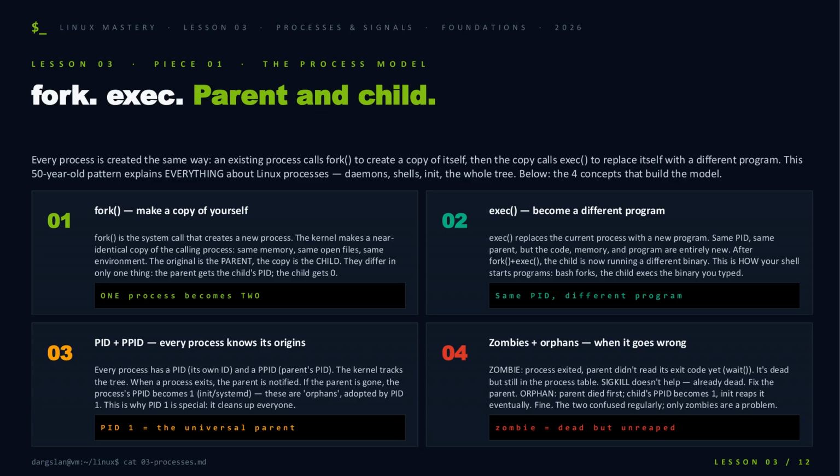Same PID, brand new program. Each process carries its own PID and its parent's PPID, so the kernel always knows the family tree. And when something goes wrong, you get zombies, dead but unreaped, or orphans, adopted by PID 1. Remember that distinction. Only zombies are actually a problem, and SIGKILL won't help because they're already dead.